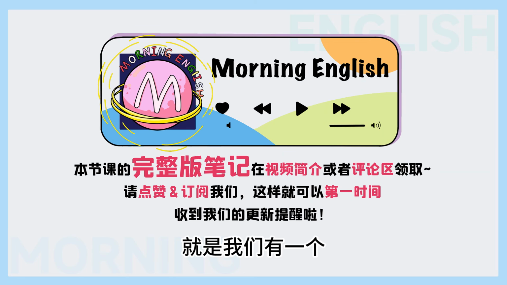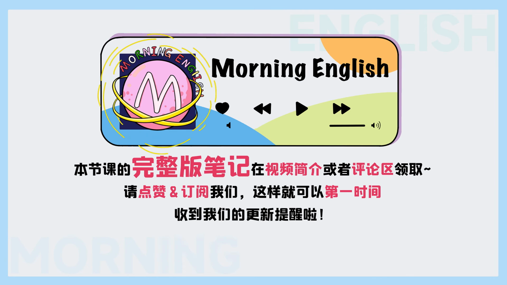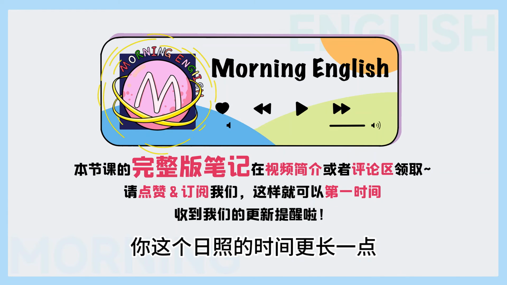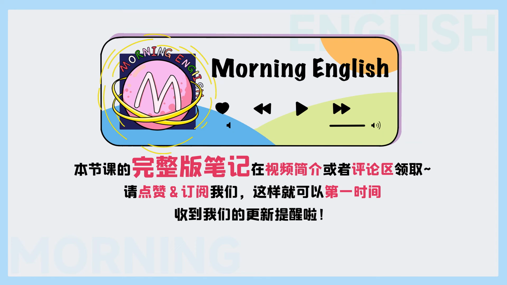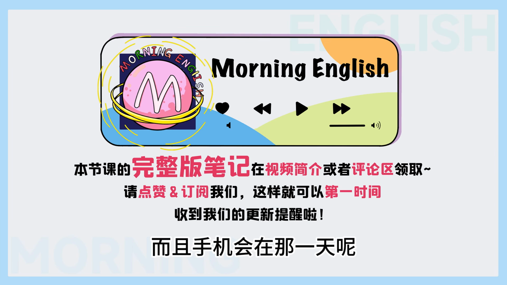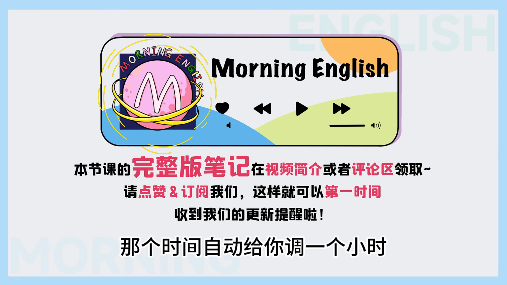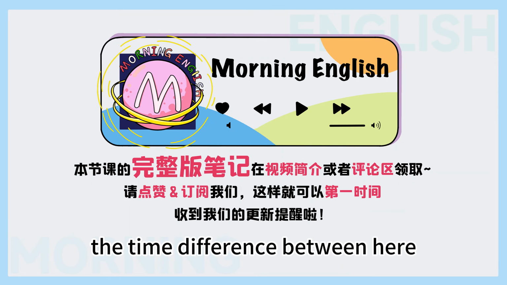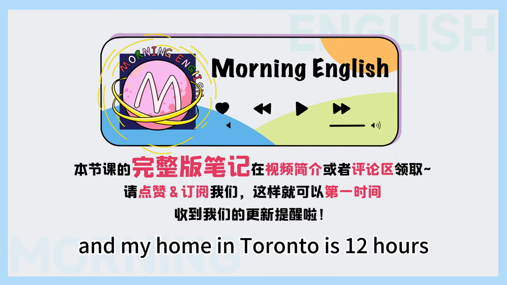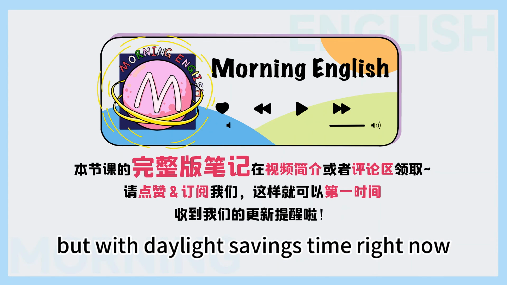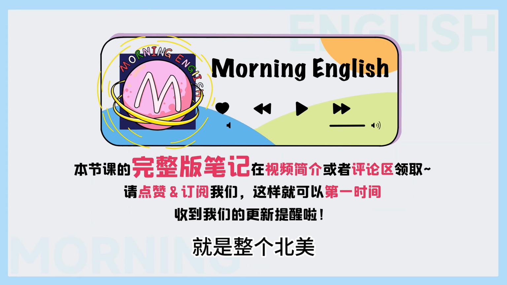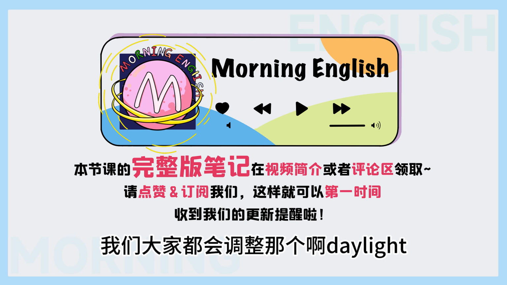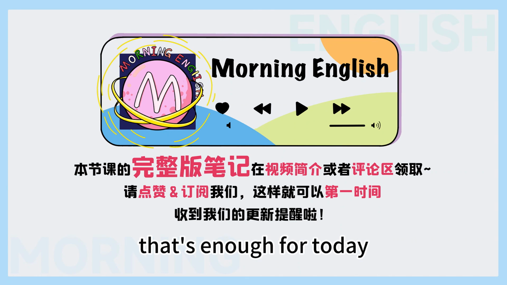Yeah. 就是我们有一个就是调整夏令时的时间，会把那个时钟往回拨1个小时，就是为了让你这个日照的时间更长一点。Right, so 时区不变，只是把你的闹钟啊往回调1个小时，而且手机会在那一天呢，那个时间自动给你调1个小时，就突然多了1个小时。Yeah, so usually the time difference between here and my home in Toronto is 12 hours. But with daylight savings time, right now, it's 13 hours. Right. 就是整个北美我们大家都会调整那个daylight savings time. Well, that's enough for today, I think.